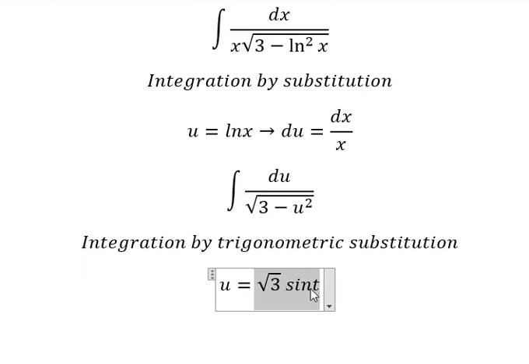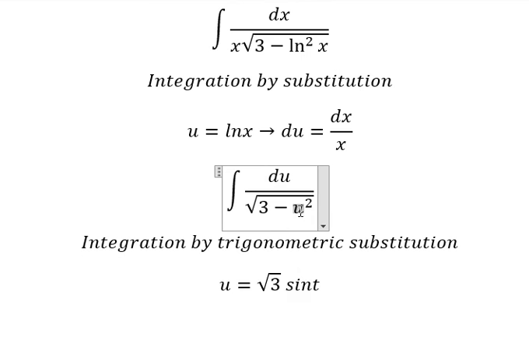So if I put this one going here, we have 3 sine t squared, number 3. We can do factorization, 1 minus sine t squared. We cancel the square root because we change 1 minus sine t squared into cosine t squared, and later we simplify by du.